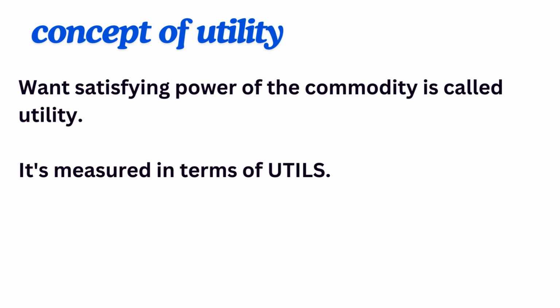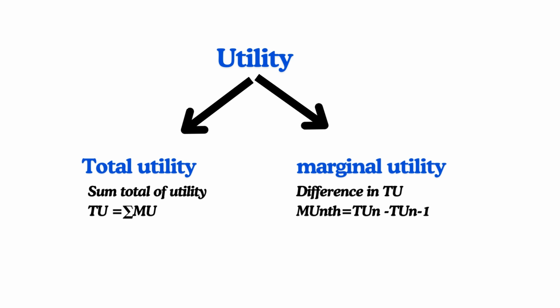So the unit of utility is utils. Utility is further divided into two types, total utility and marginal utility.